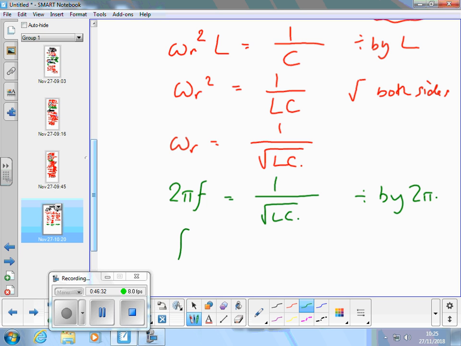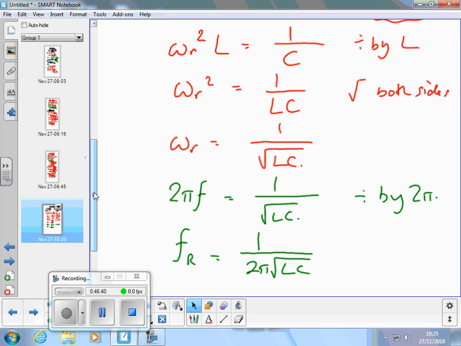We end up with F resonance is equal to 1 over 2 pi root LC. So there's two forms for that formula to find the resonant frequency. One if you use omega, the angular frequency. One if you're using the frequency in hertz.